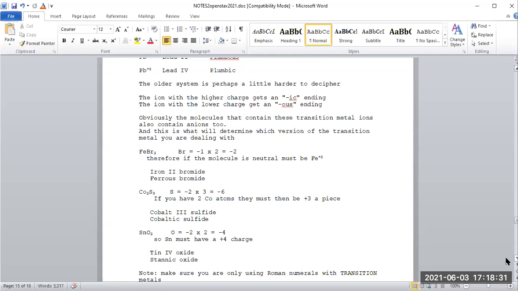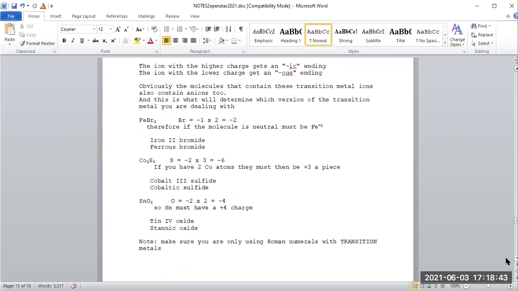Do not mix and match. If you use the word ferrous, don't use a Roman numeral. The two are entirely different systems. Cobalt and sulfur. Now, sulfur is underneath oxygen on the periodic table, so it has a -2 charge. I have 3 of them in this molecule, so I have 6 negatives.